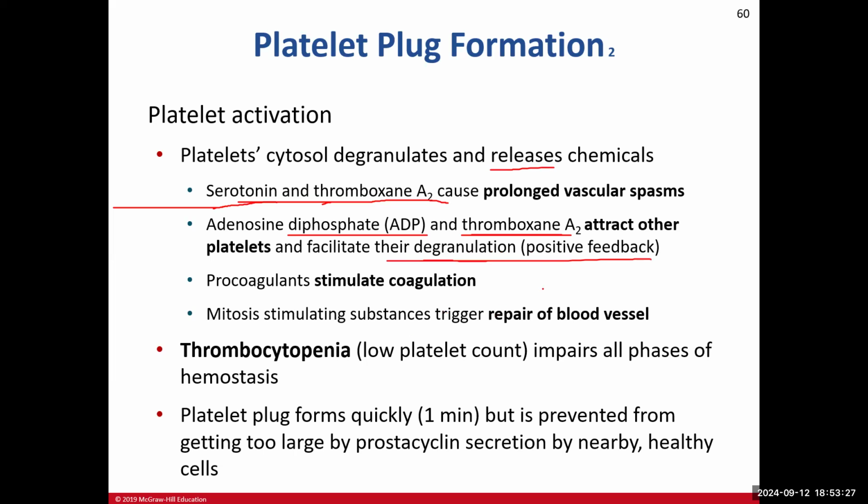Now we're going to be moving in a second into that third stage, but we haven't hit it yet. So you can see here, we've got our procoagulants that are going to start that coagulation process. And at the same time, notice how the tissues that are damaged are going to start immediately going into mitosis, start repairing the area. A lot of those chemicals will influence your somatic cells, mitosis, that cell division.